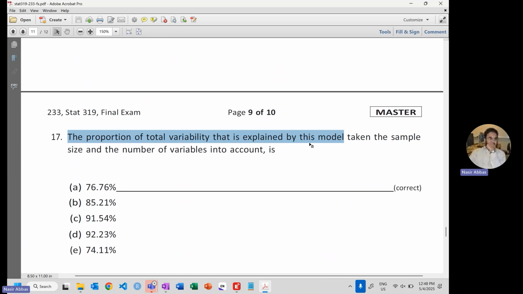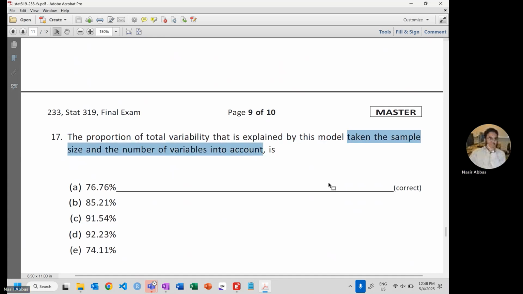What does this other part mean? Adjusted. Adjusting for the sample size and the number of variables. Taking into account means adjusting for that. So what is required in this question?